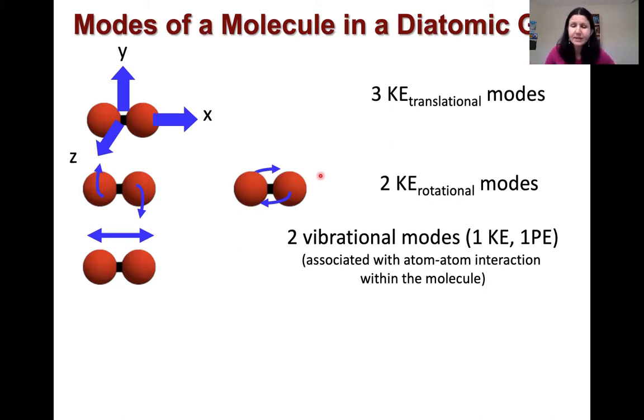So that's what we call a symmetric rotation. If it looks the same, then it doesn't count. This is the reason why, with just one atom, we didn't include any rotational energy, because if we rotate in any direction, it looks the same. It's just a ball, or we model it as a ball.